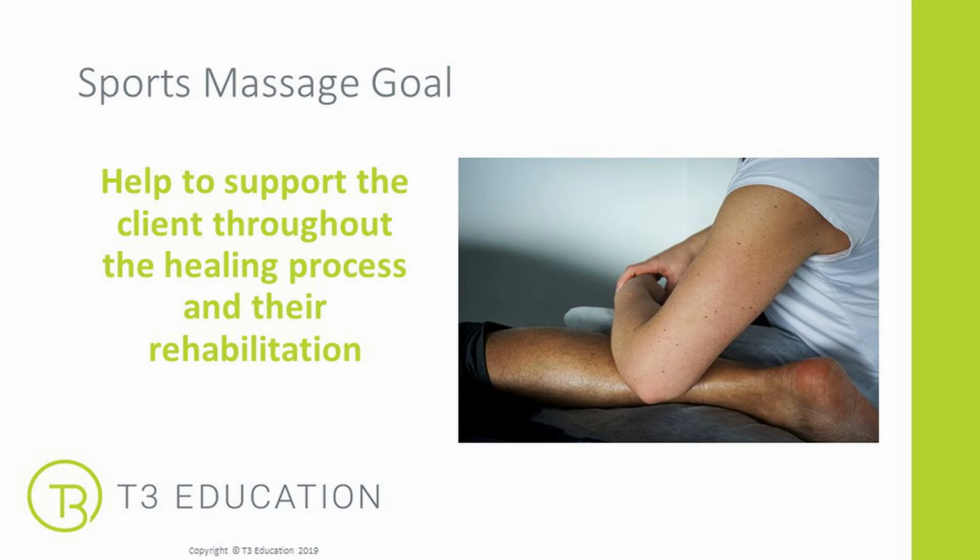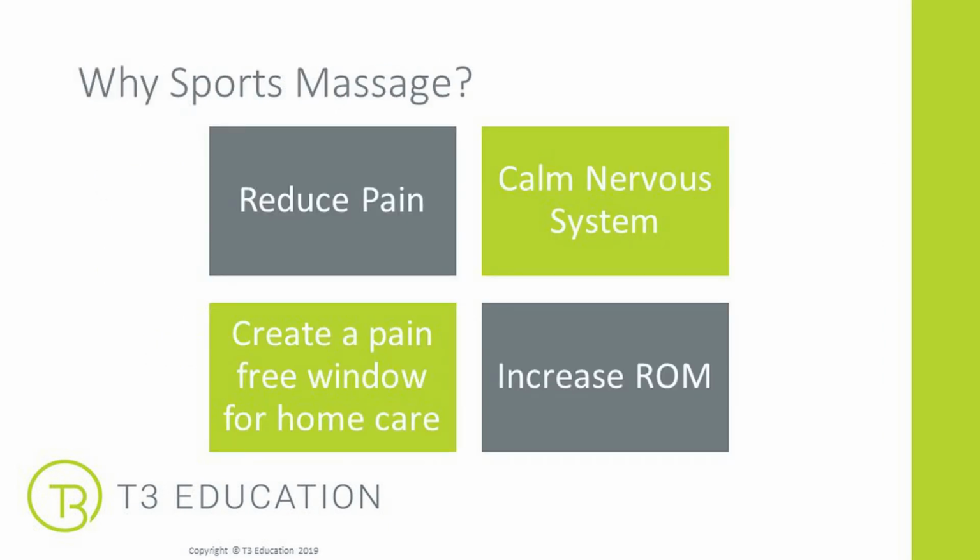So what is our goal when we're working with clients that are experiencing back pain, but also other joint pain? I think our goal is to help that client through the healing process and their rehabilitation, whether it's from an exercise perspective, a movement perspective, or post-surgery. Sports massage can really help with any joint injuries and spinal injuries. It can help reduce pain to the area and calm that nervous system down, to be able to help that client then begin to increase range of movement and create a pain-free window for that home care.